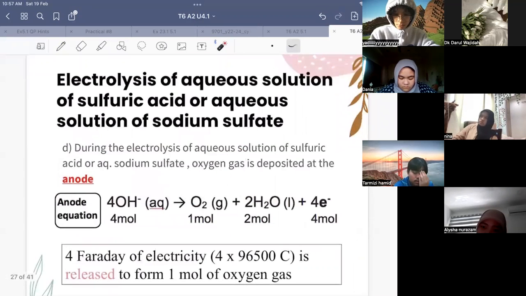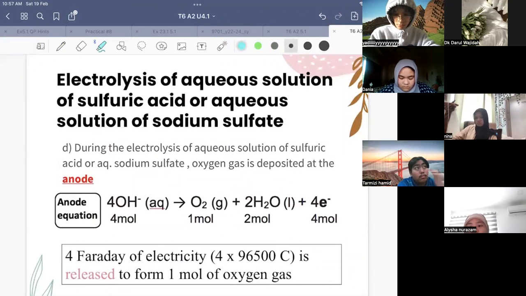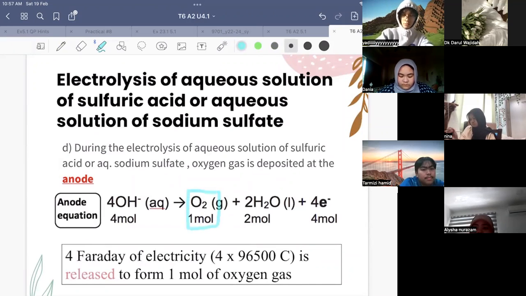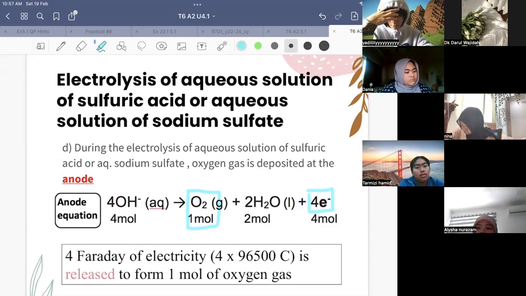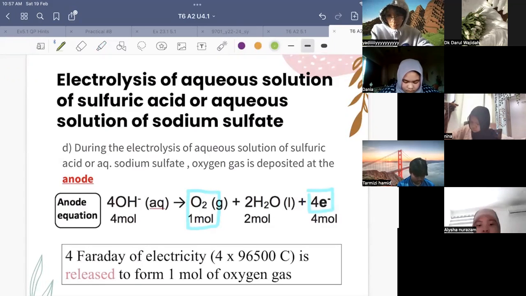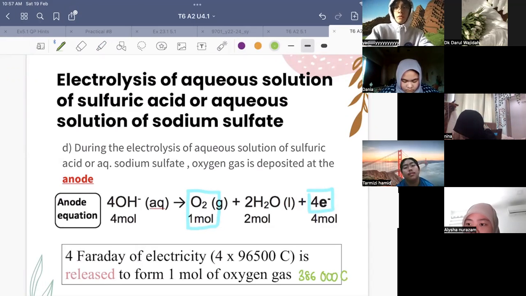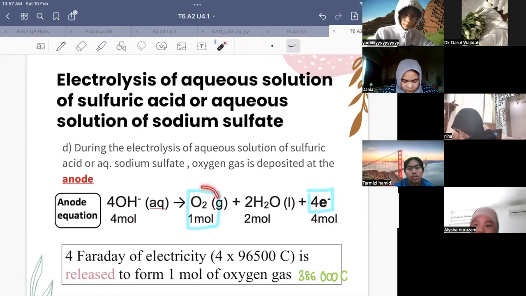Next one is the aqueous solution of sulfuric acid. Same thing. If you want to produce 1 mole of oxygen, 4 moles of electrons are released. So the quantity of charge would be 4 times 96,500, which is 386,000 coulombs to form 1 mole of oxygen.